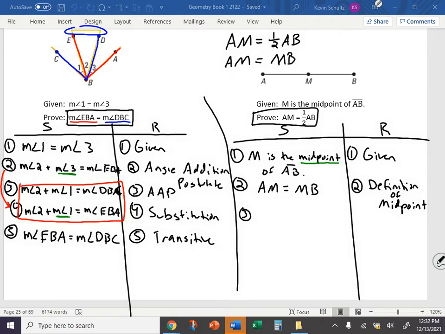What do you think? Gino? AM plus MB equals AB. Okay, don't write this down yet. Let's see where Gino's headed with this first.